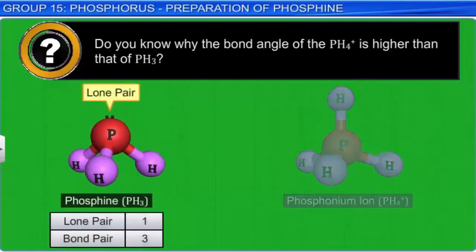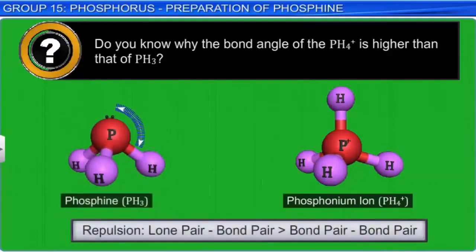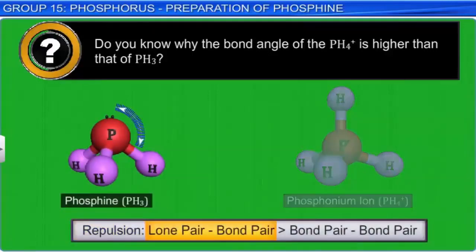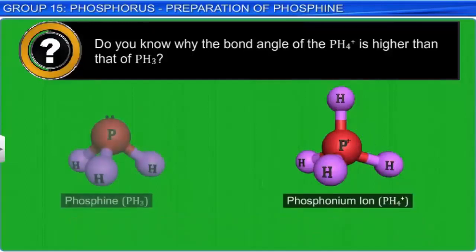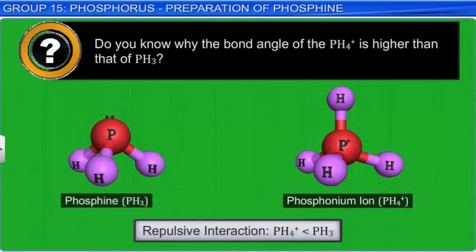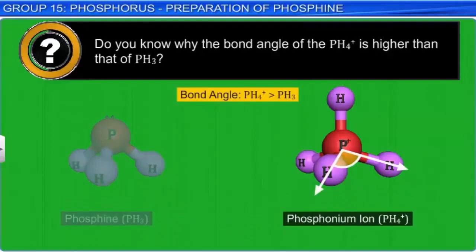This indicates that there are 1 lone pair and 3 bond pairs in phosphine, while all the 4 are bond pairs in phosphonium ion. You know that the magnitude of repulsion between a lone pair and a bond pair is greater than between 2 bond pairs. Hence, the extent of repulsive interaction in phosphonium is less than in phosphine. As a result, the bond angle in phosphonium ion is greater than in phosphine.